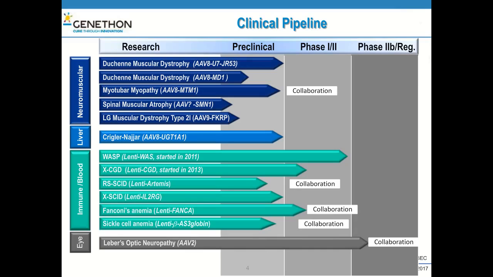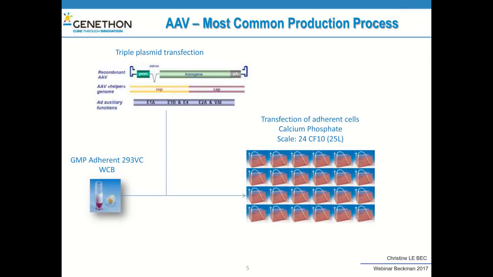I will present the different processes we have developed and used at Genethon. First, the most common production process for small lots is to transfect an adherent human cell line with three different plasmids: one coding for the transgene, another for the rep and cap, and the other for the adenovirus auxiliary function.